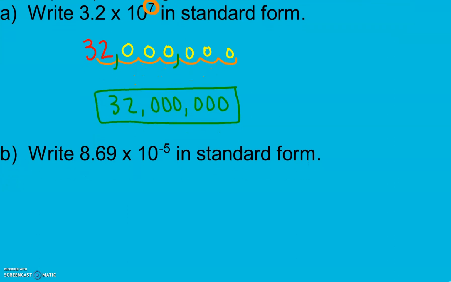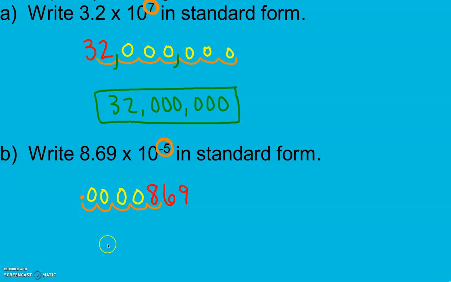Here, we're going to write it in standard form. So, 8, 6, 9, I write down. I move my decimal towards negative numbers because it's negative here. So I go 1, 2, 3, 4, 5, and that's where my decimal goes. We fill with zeros.